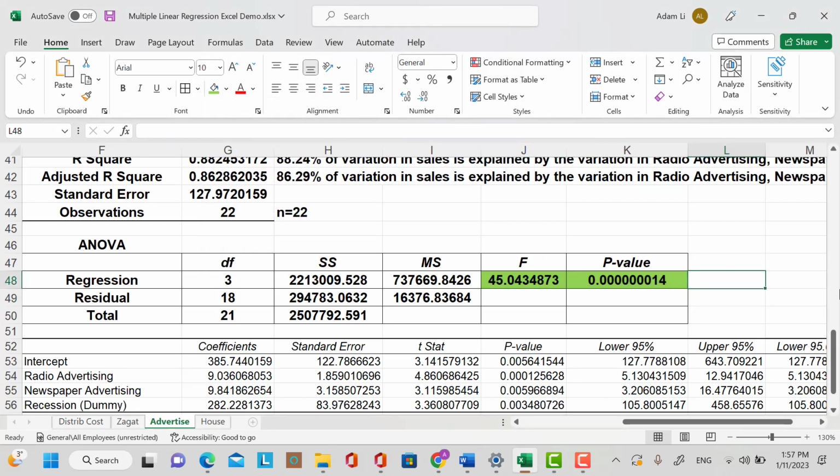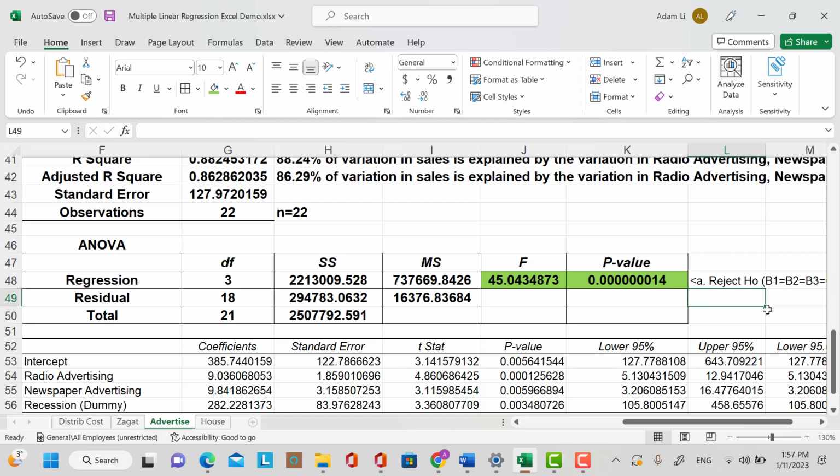Here, since the p-value is much smaller than alpha, we are rejecting H0. H0 says there's no linear relation, so beta 1 equals beta 2 equals beta 3, meaning all slopes here are equal to 0. Since we reject that, that means there's a linear relationship.